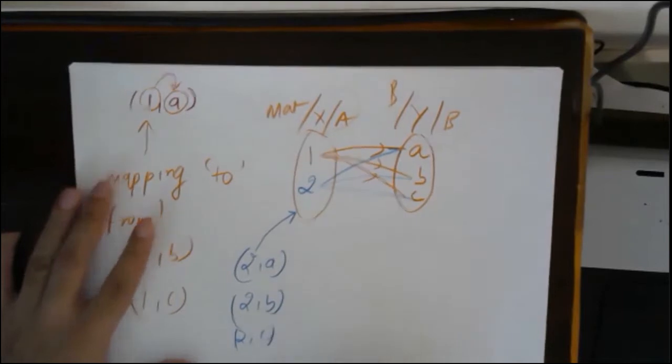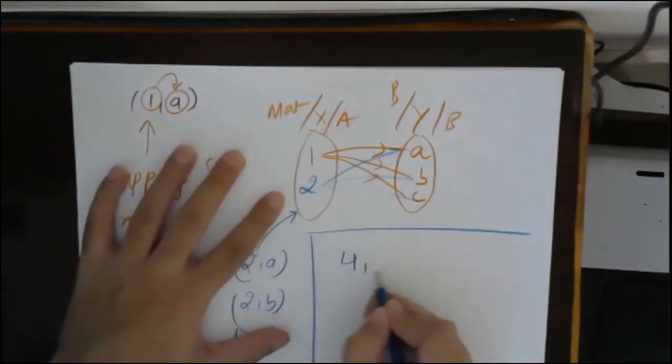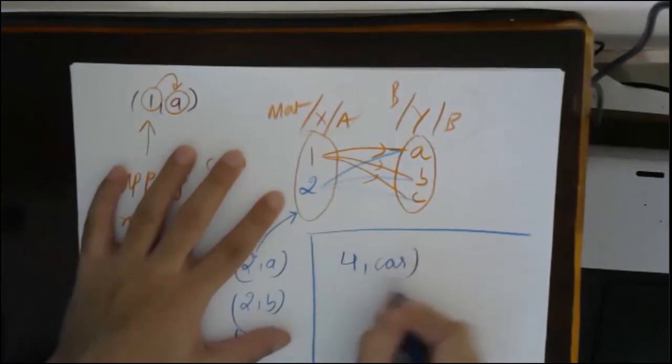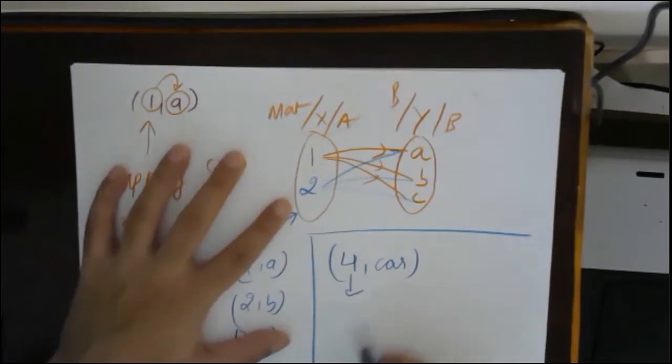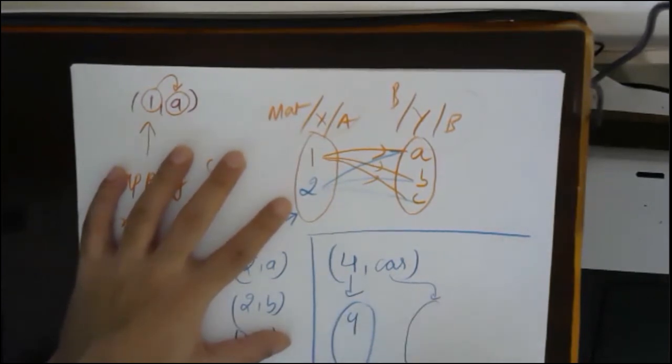Fine. Now suppose I take an example. 4 comma car. What does this mean? That this 4 must be coming from the first set, and this car must be coming from the second set. And 4 was linked with car.